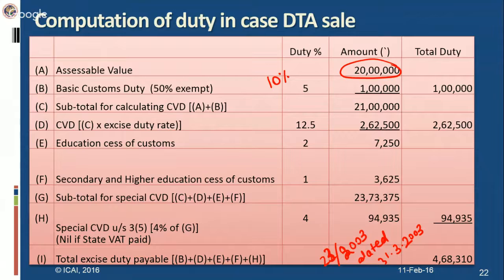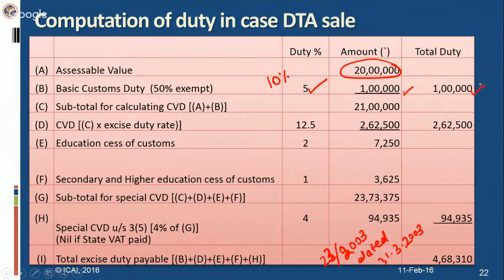If you wish, you can go back and refer to the notification also. This notification provides that basic custom duty up to 50% will be exempt in case of EOU goods sold by EOU to DTA. So the effective rate of basic custom duty will come to 5%. On 20 lakh rupees, the duty amount will be rupees 1 lakh. So this is basic custom duty.